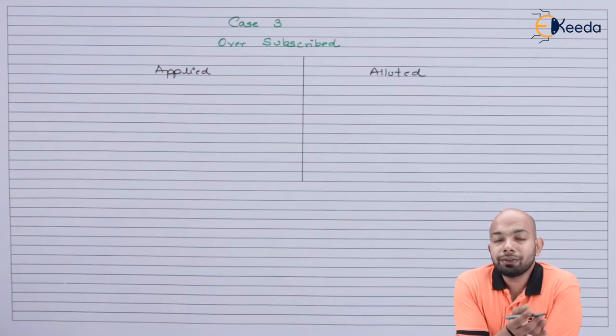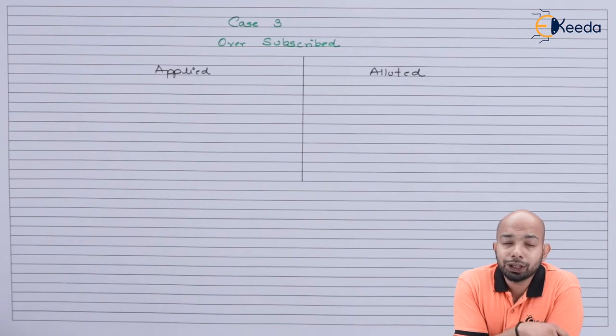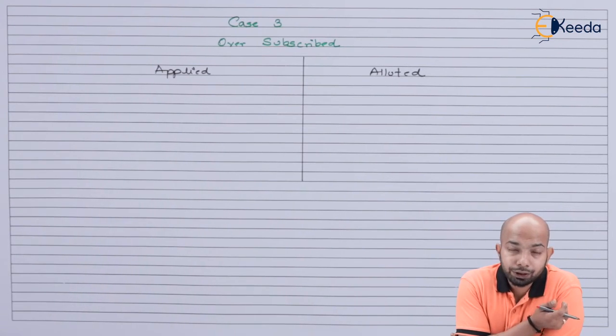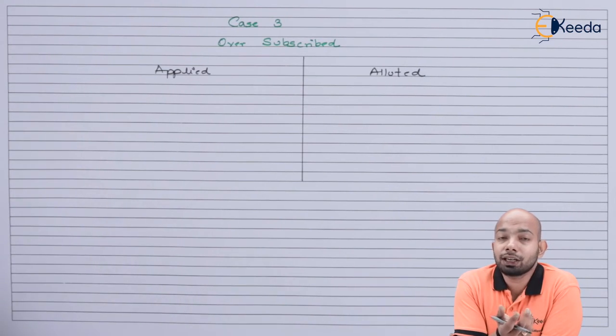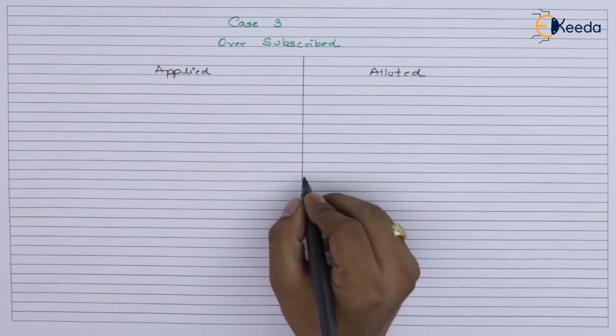Now, the reason why we are dividing the page into two sides is because I want to explain to you how the pro rata system works here. Now, applied shares refers to the total of applications that we have received here. Allotted shares is the maximum that we can allot. That will be equivalent to the issued shares.